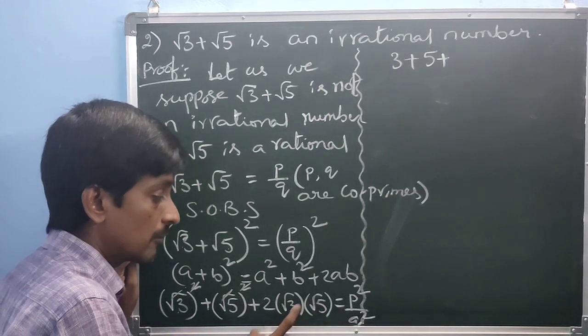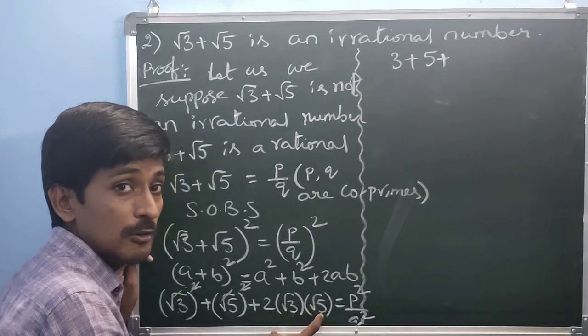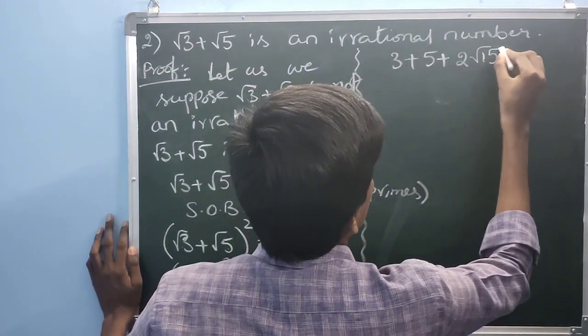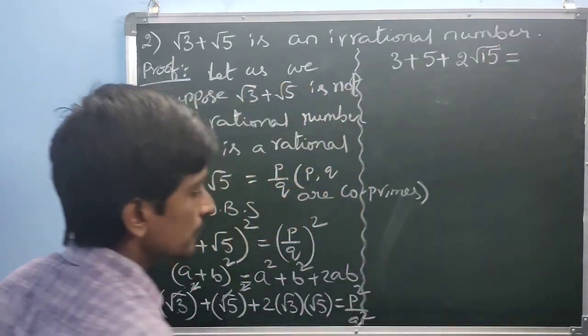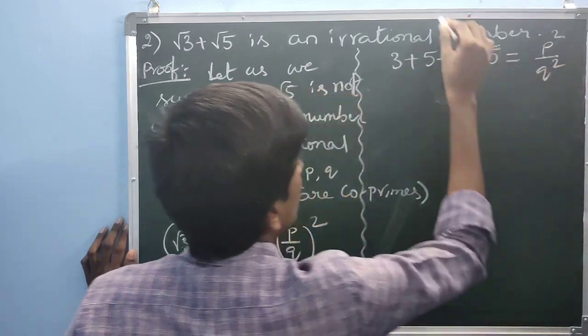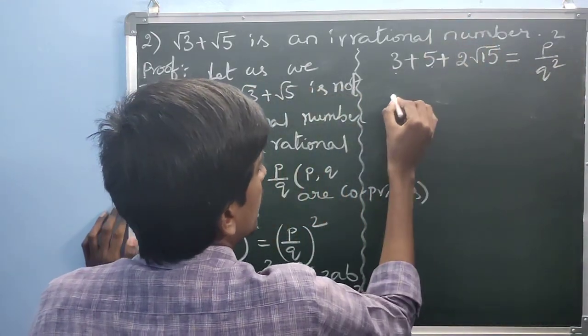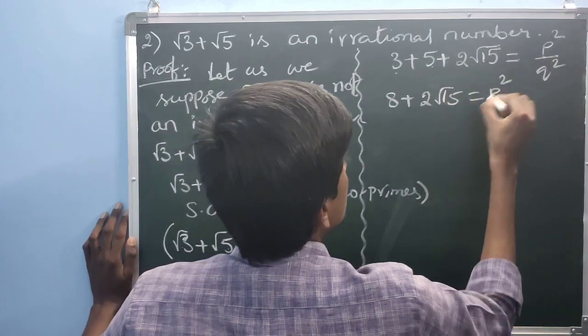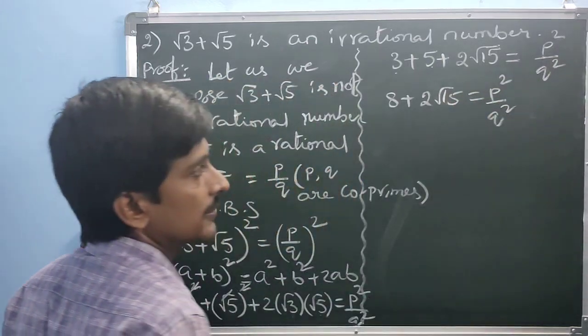Root 3 into root 5 is root 15. So 3 plus 5, 8, plus 2 root 15 equals P square by Q square.